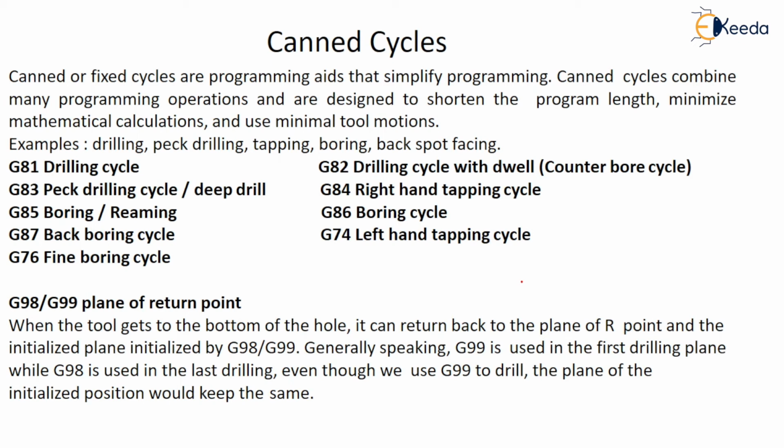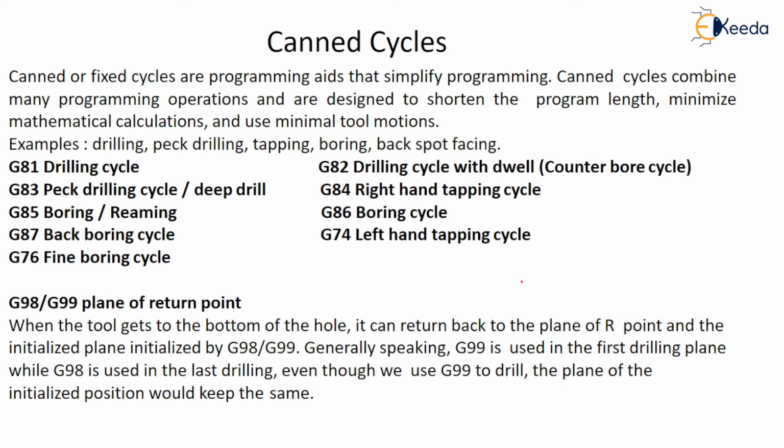Subroutine programs and canned cycles both do that. Drilling, peck drilling, tapping, boring, back spot facing, those are considered in the canned cycle. So that is also mentioned here. G81 to G86 and G87 are the drilling related cycles, where G74 is for tapping and G76 is for boring.